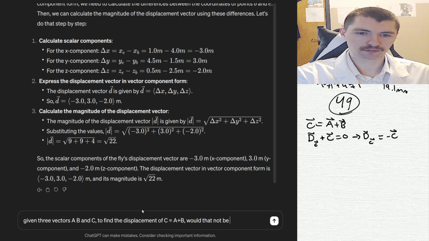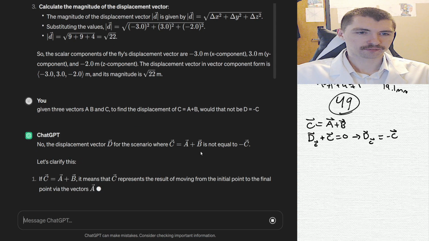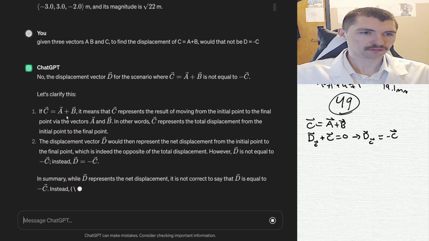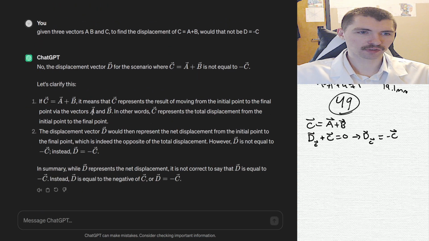C, I'm moving from this point. C is the total displacement. This is the net displacement.